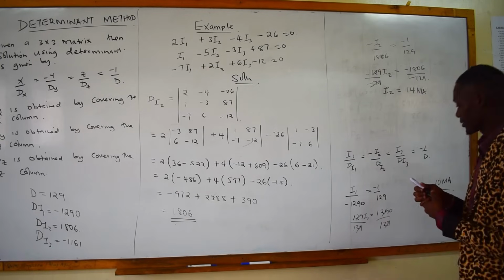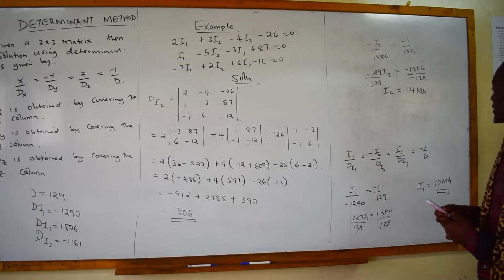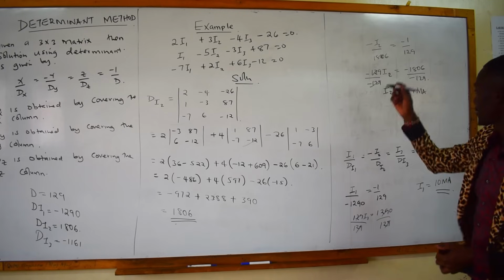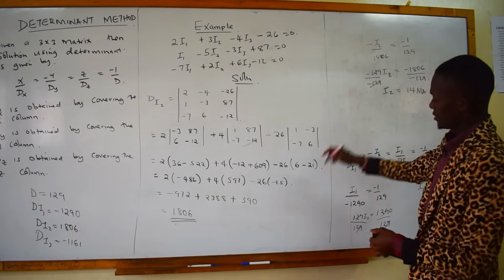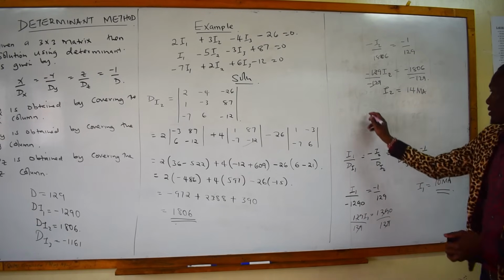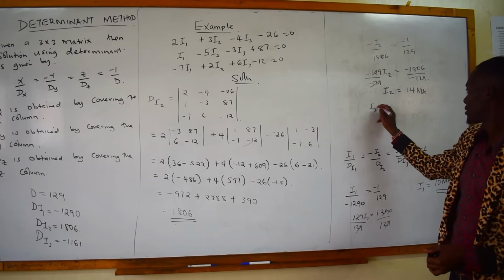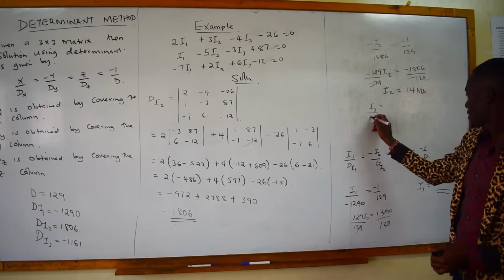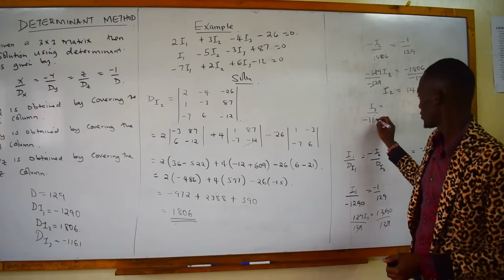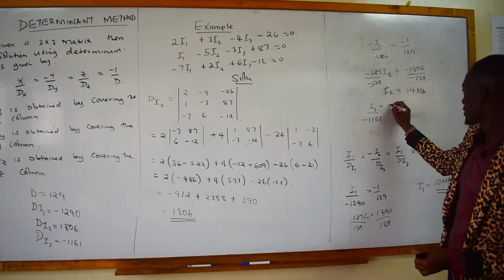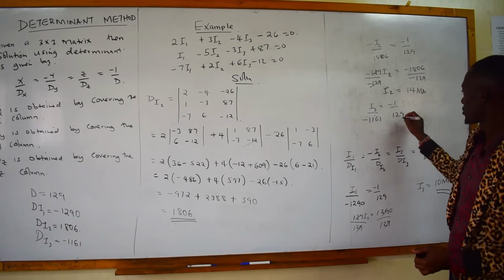Okay. Then lastly, we compare now the value of I3. So we can have our I3 value with the formula here. So I3 given by DI3. So what is our value for DI3? It's negative 1161, then negative of 1 by 129.